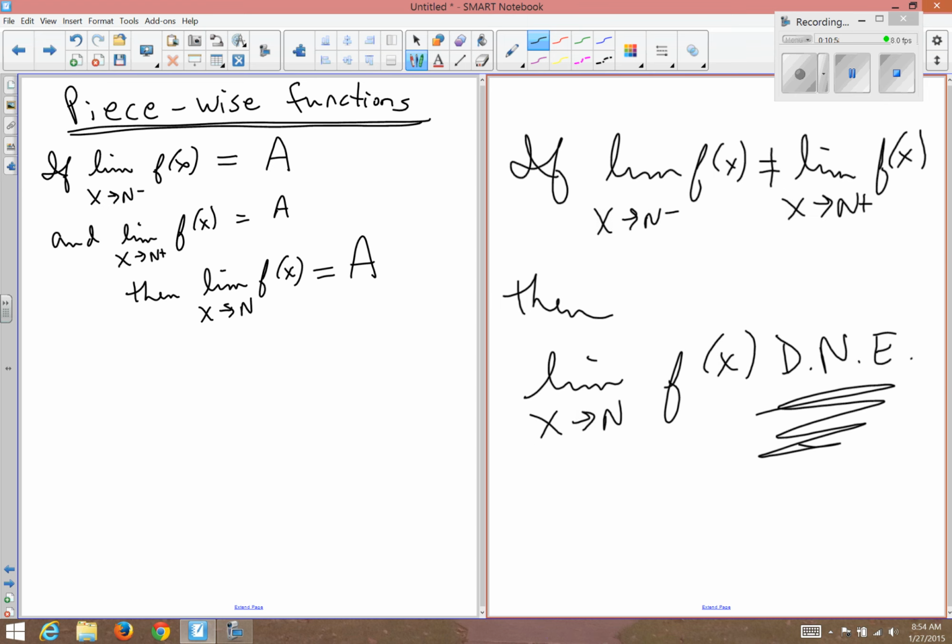This is when a limit does not exist. Right here. When the limit as x approaches n from the left is not the same as the limit as x approaches n from the right.